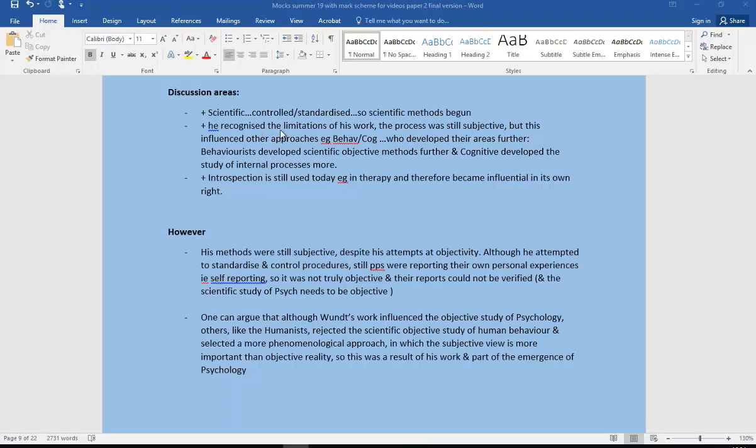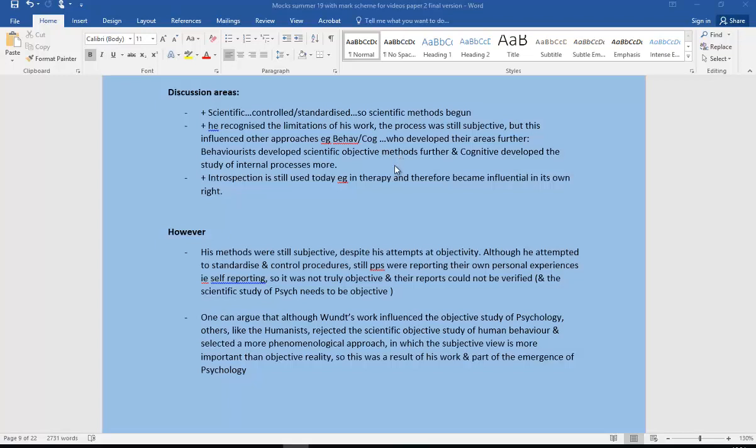But despite that, others, like the behaviorists and cognitive, as mentioned, went on to develop the area further. So they took his lead and developed his various areas individually. Behaviorists developed scientific objective methods, and the cognitive approach developed the study of internal processes more. So again, he's really instrumental in influencing other approaches to develop psychology further.